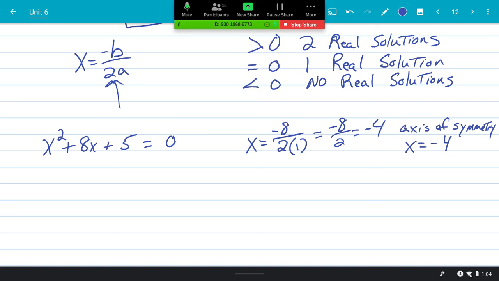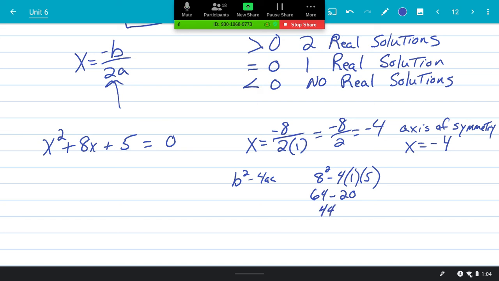Now, I wonder how many solutions this is going to have. Well, that's where I can use b squared minus 4ac, which in this case would be 8 squared minus 4 times 1 times 5, right? 64 minus 20, which is 44.